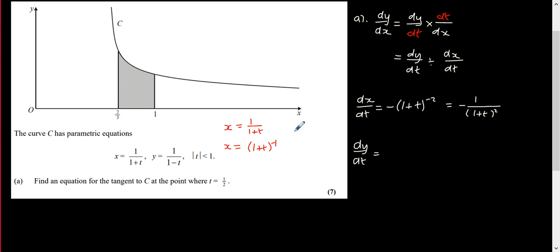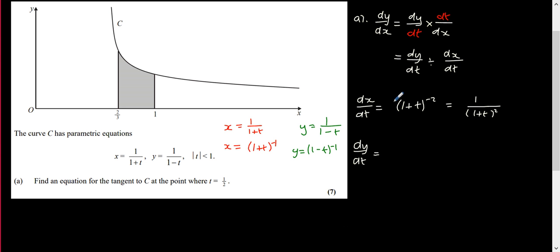Similarly, we've got y is 1 over 1 minus t, which is the same as 1 minus t to the minus 1, and that's what we're going to differentiate. And so if we do that, so it's not minus, my apologies. I put the minus in for some reason there. So there's no minus there. Oh no, yeah, sorry.